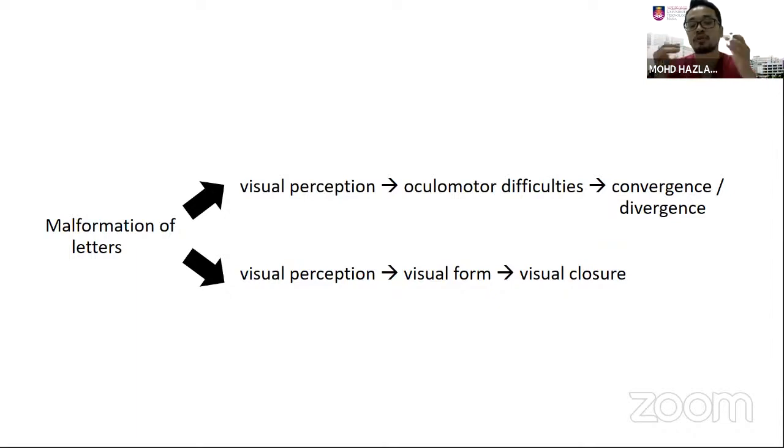So whenever you want to provide an intervention, you must understand that we are not just giving a child a puzzle, any kind of task, by assuming the child has a visual perception issue, because these two problems will require different kinds of interventions. Okay, next.